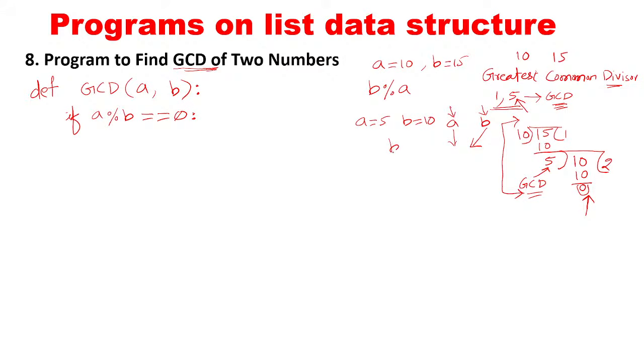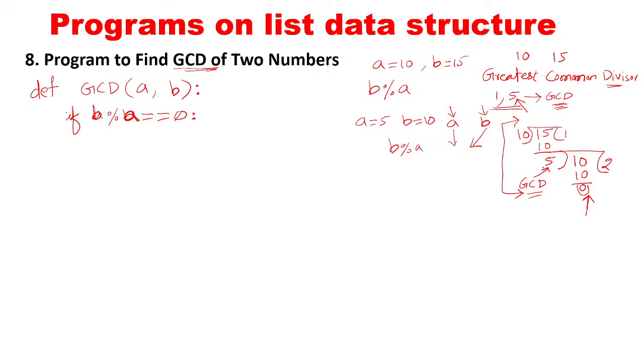Now if a is 5 and b is 10, when you perform b mod a, divide b with a and give the remainder.